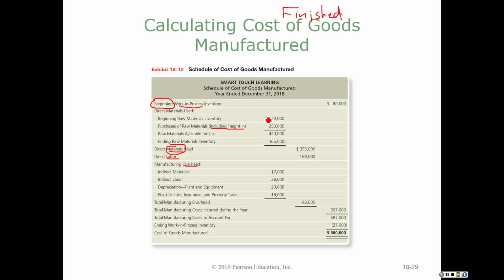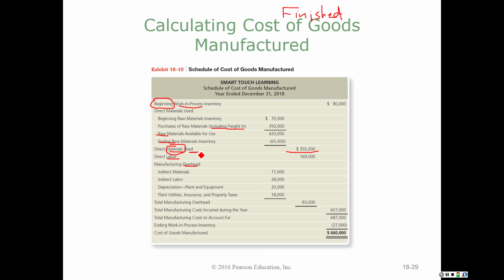So if I had 70,000 in raw materials, I purchased another 350 in raw materials, then I had 420,000 of raw materials available for use. If there are only $65,000 worth of raw materials left at the end of the period, I had 420 available, but only 65 were left at the end of the period, then I used $355,000 worth of raw materials.